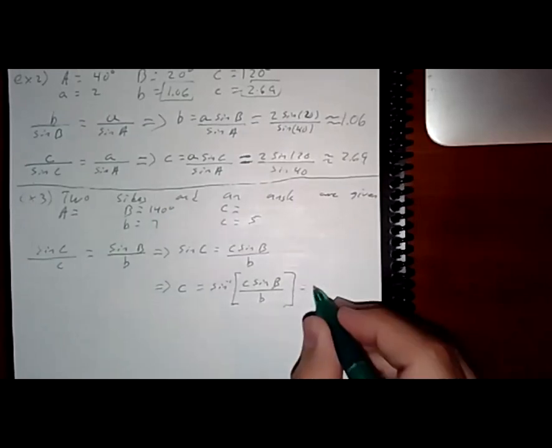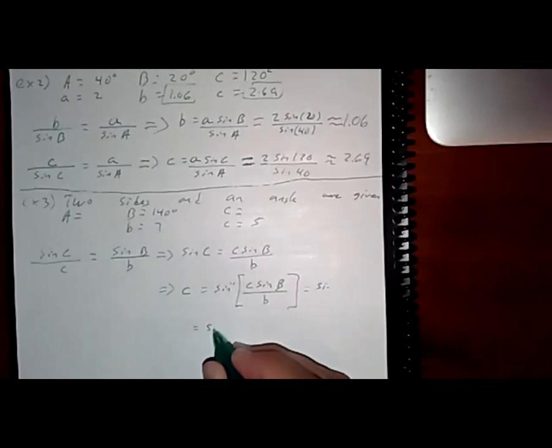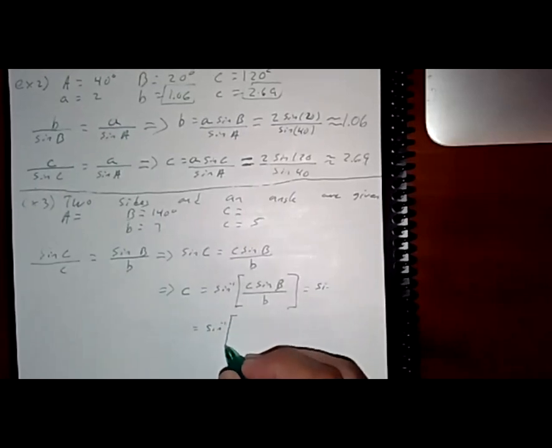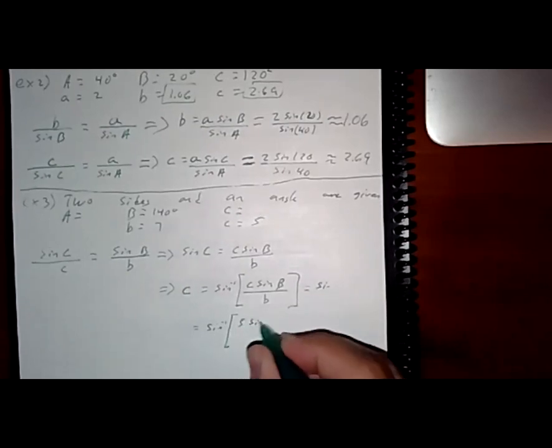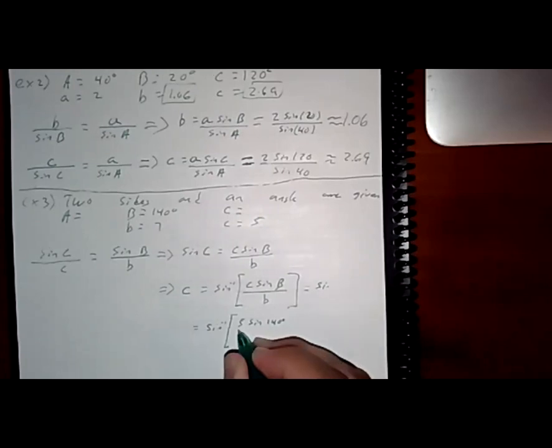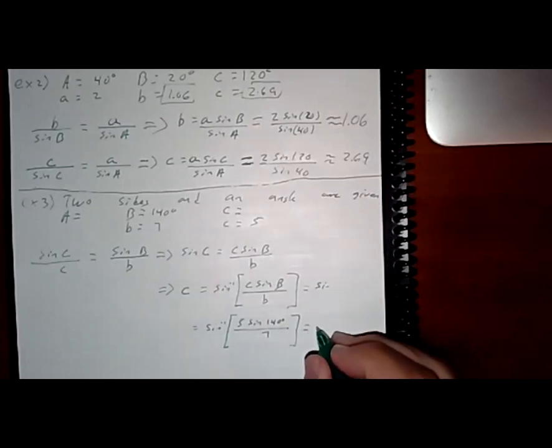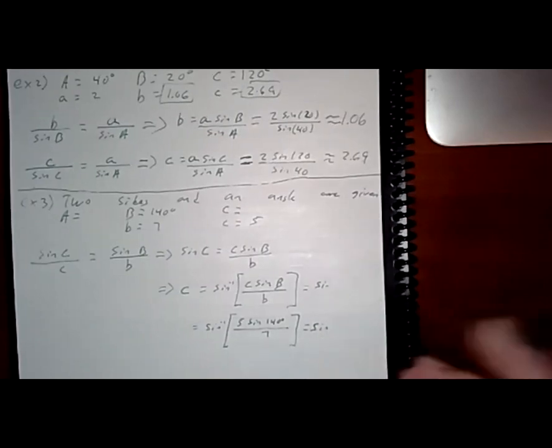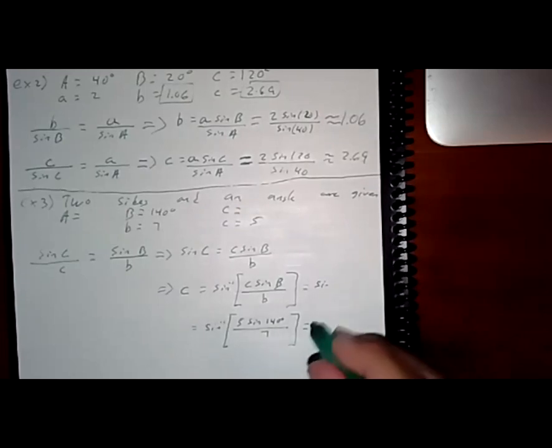So that will be, I'll just do it down here. Sine inverse of 5 sine 140 over 7. That's equal to something. Let's punch it in our machine and find out.